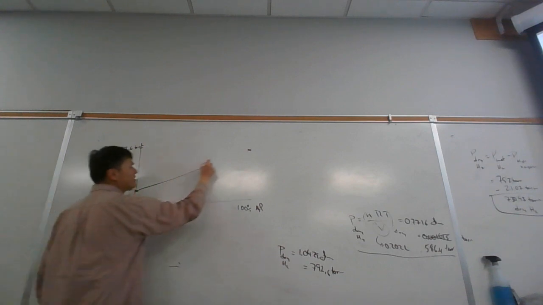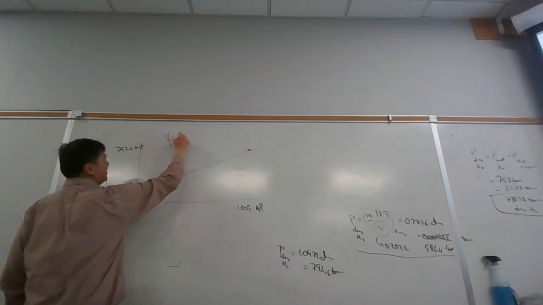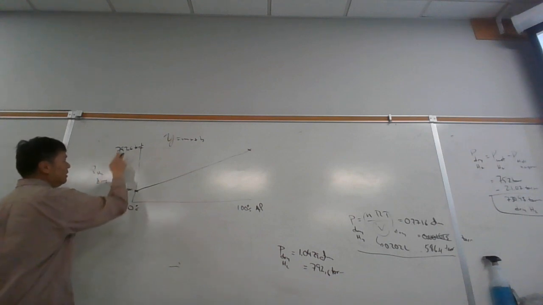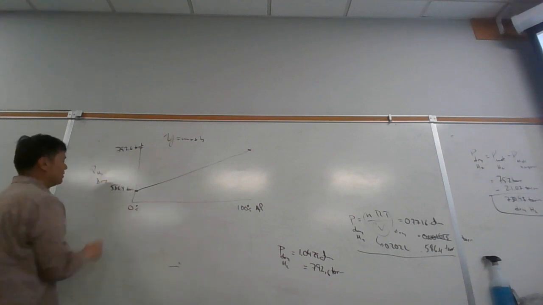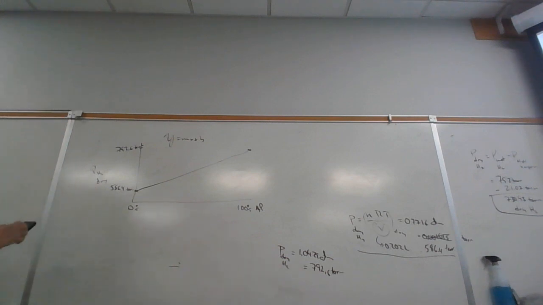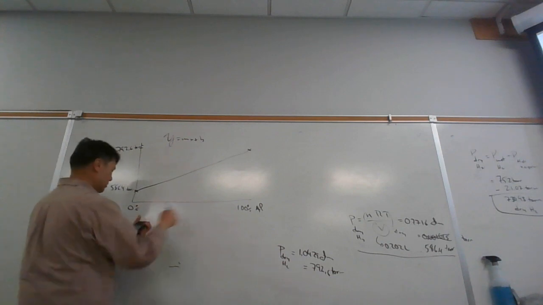And so we have this linear relationship. Y is equal to mx plus b. Y is the pressure of dry hydrogen. M is the slope, so 792.6 minus 586.4 equals 206.2, divided by 100.